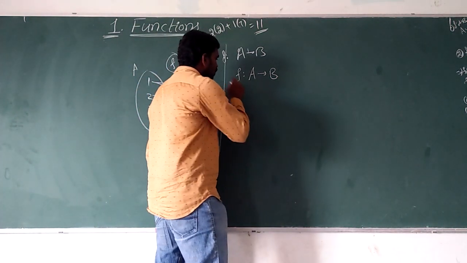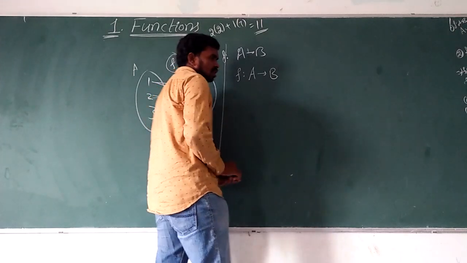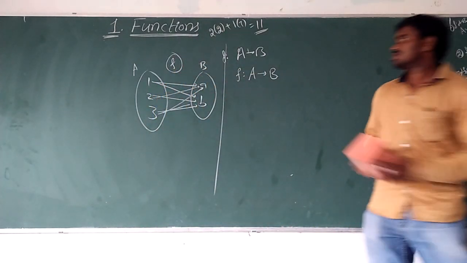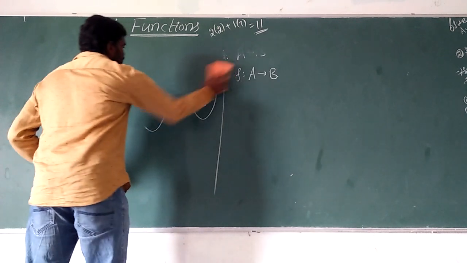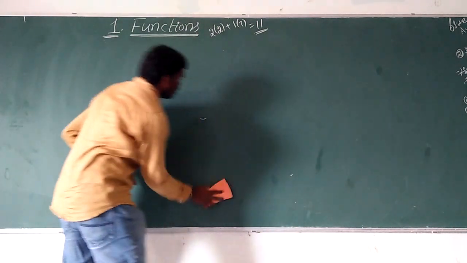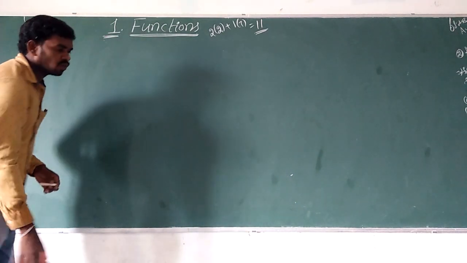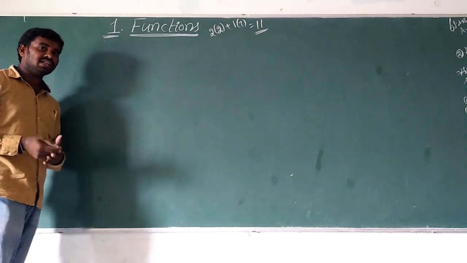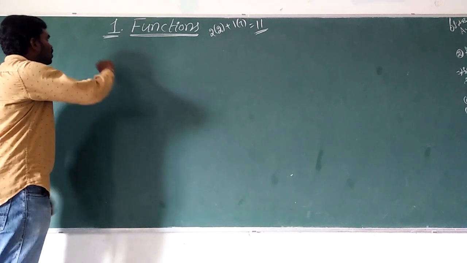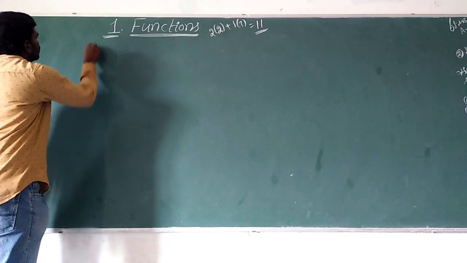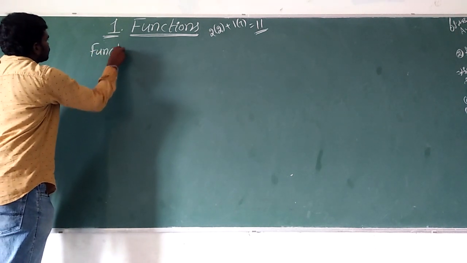Very simple. First of all, we just observe what the relation is. So now we are going to know the definition of function. Then after I will explain what a function is.